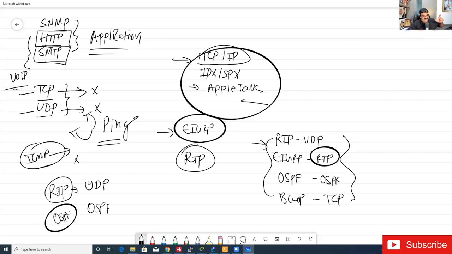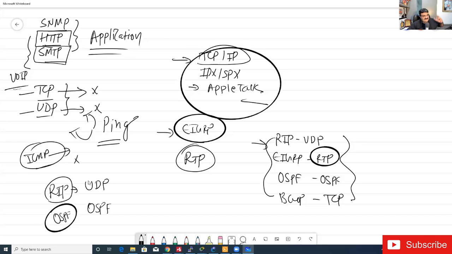The second thing that you need to understand is that EIGRP is a modular protocol. What does modular protocol mean? When it was invented, it supported each and every layer 3 protocol that was running, and it was built modular. So in the future, if something new comes, EIGRP does not need a new version.